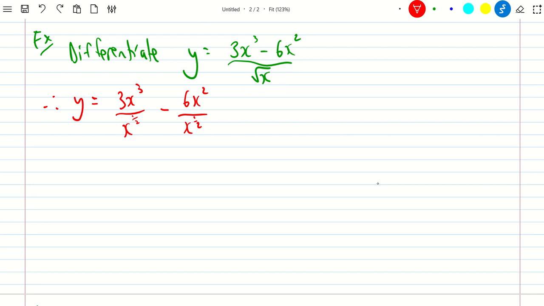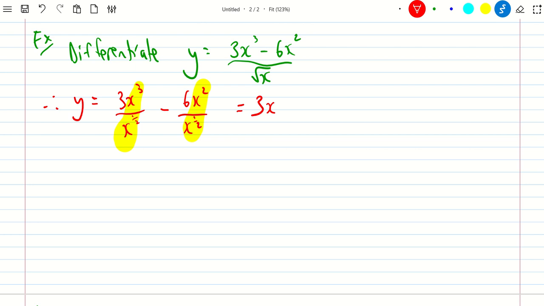Now we've got 3, and remember, in our index laws, when we're dividing, we subtract the powers. I'm going to do the same thing over here. So that will be 3x, 3 take away half.